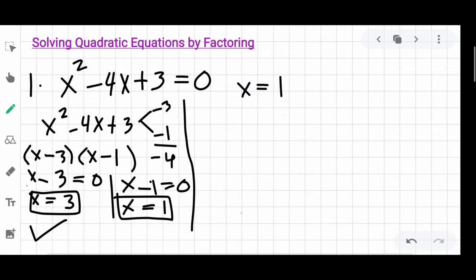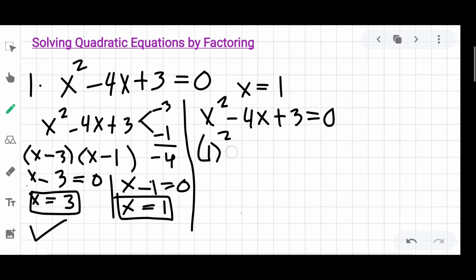Copy the original equation. X squared minus 4x plus 3 equals 0. Anong gagawin natin? Papalitan lang natin yung value ng x ng 1. 1 squared minus 4 times 1 plus 3 equals 0.